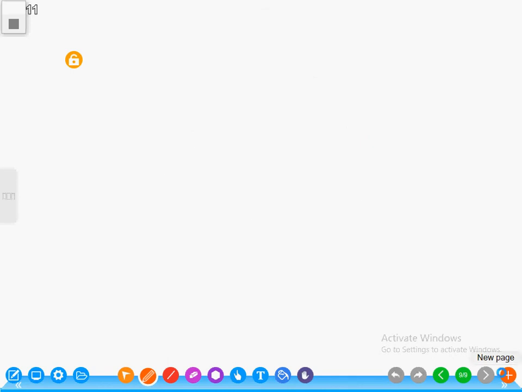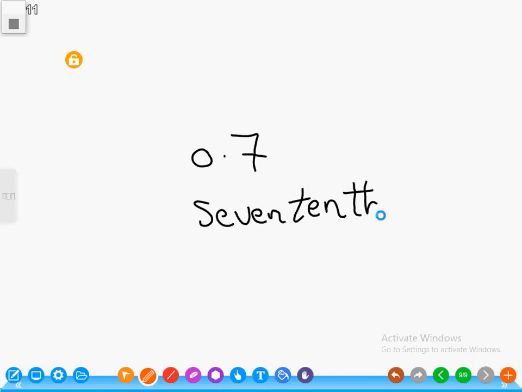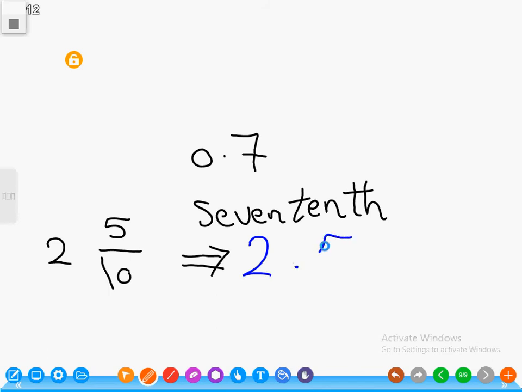If I have an example like this, 0.7, we can read it 7 tenths. If we take another example, 2 and 5 over 10, let's write it as a decimal number. We will write 2 in the whole part and the decimal point, 5.